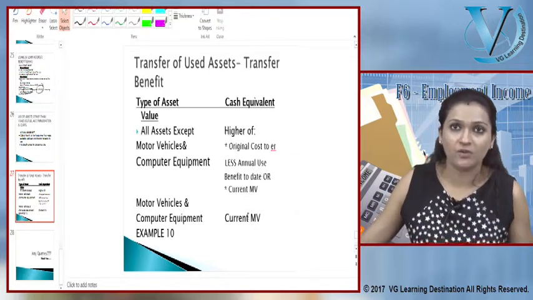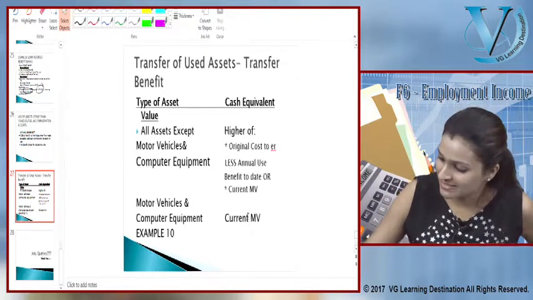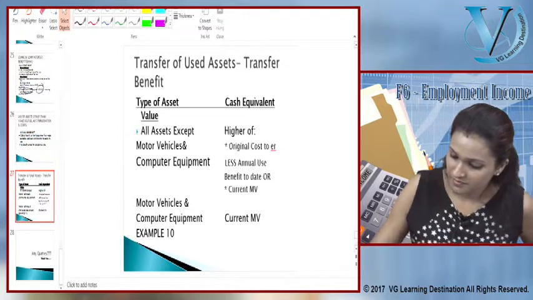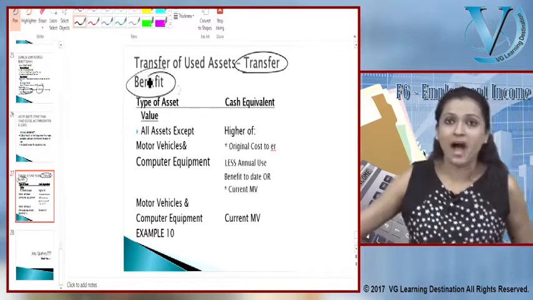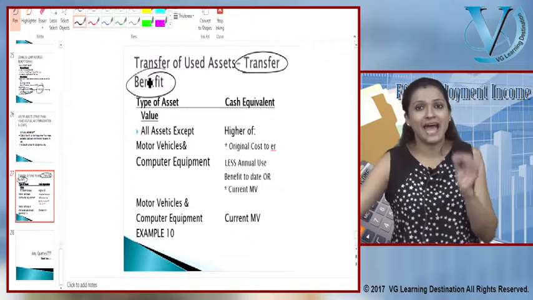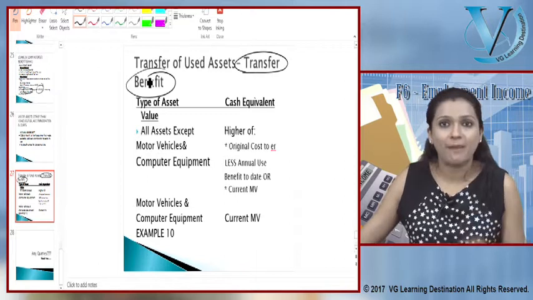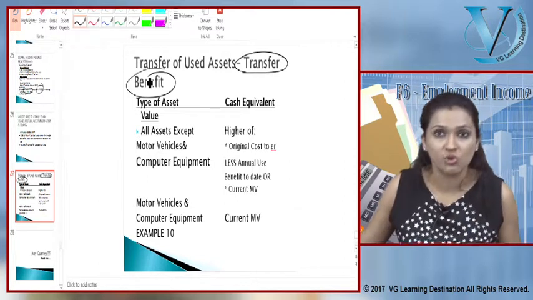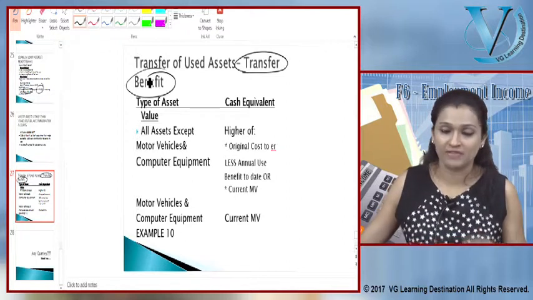So apart from annual use benefit, there is another benefit that arises which is known as the transfer benefit. So apart from annual use, if the asset gets transferred to the employee at the end of the useful life, the employee is also going to be assessed upon the transfer benefit of the asset.